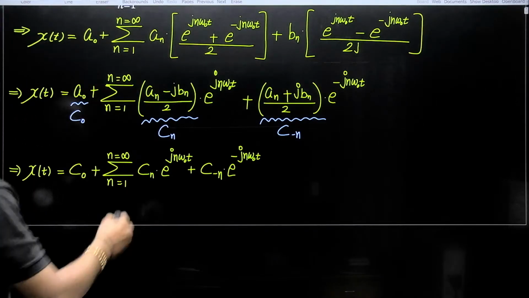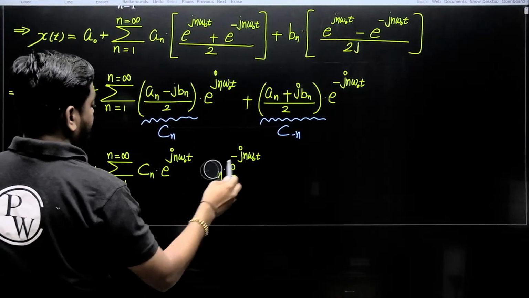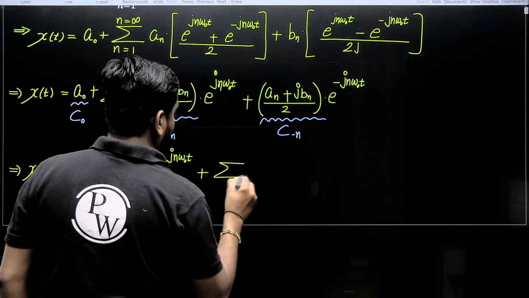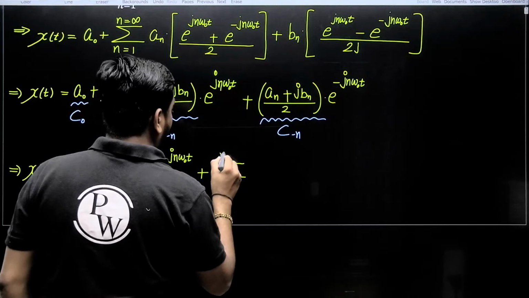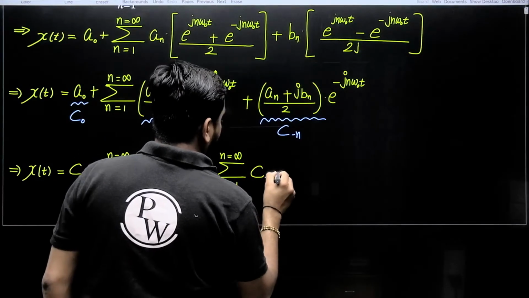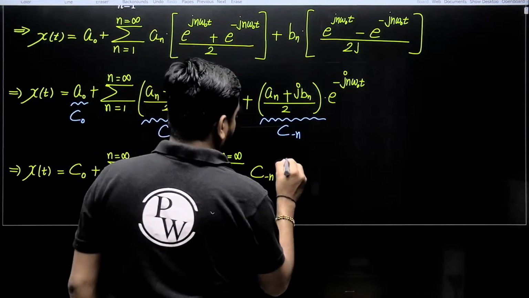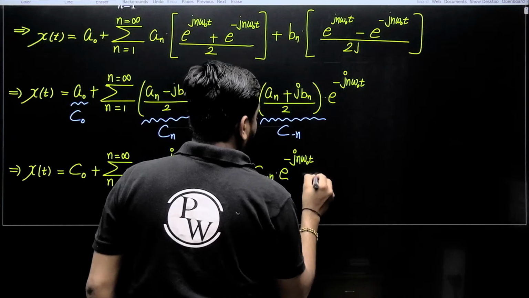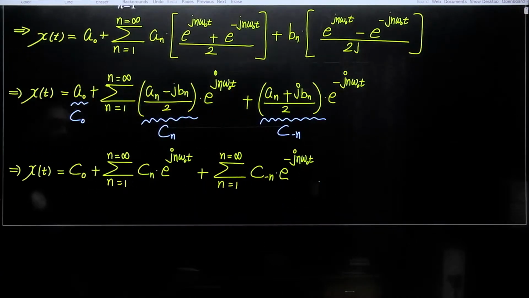Okay. And let us do the separate summation, plus summation n is from 1 to infinite C minus n e power minus j n omega 0 t.